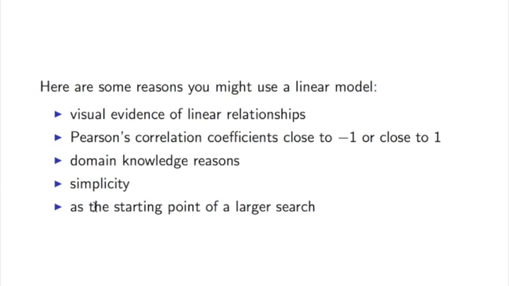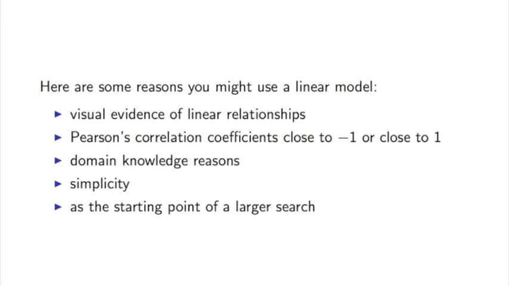Some reasons you might use a linear model. You might have clear visual evidence of linear relationships, like in a scatter plot. You might have a value of Pearson's correlation coefficient that's close to -1 or close to 1. Remember, Pearson's correlation coefficient tells you how linear the relationship between two variables is. You might know, because you know something about the problem, that there's a good reason for this to be linear.